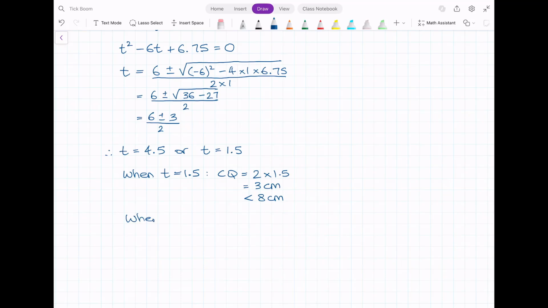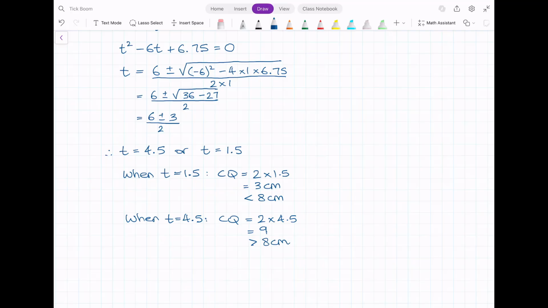When t is equal to 4.5, however, CQ would be 2 times 4.5, and that's going to be 9, and that is greater than 8 centimetres.